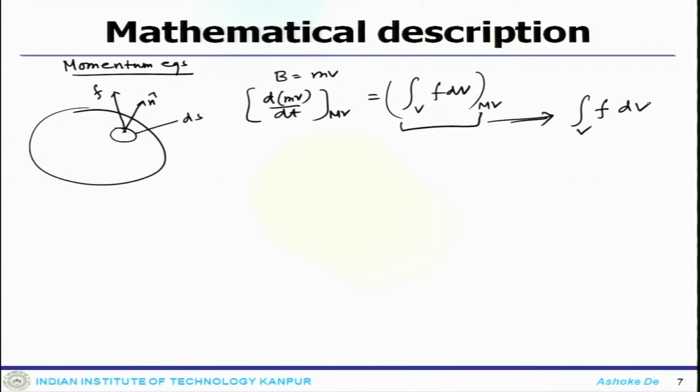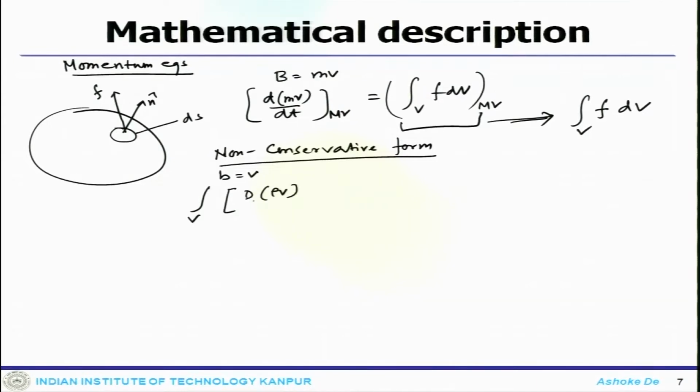Now, you can have the equation in two forms, one called non-conservative form. In non-conservative form, if you write the equation, your small b would be V, then this will get you ∂(ρV)/∂t plus ∇·(ρVV) minus f, integrated over dV, equals 0.